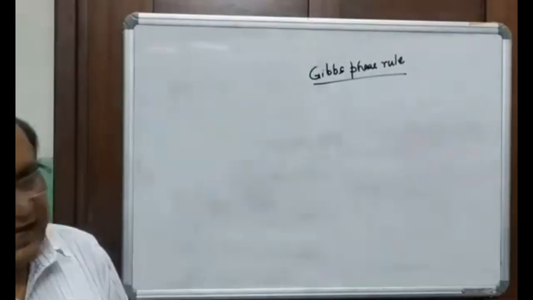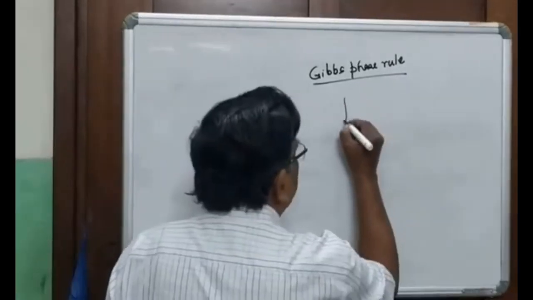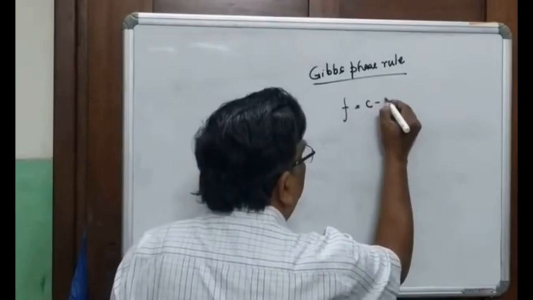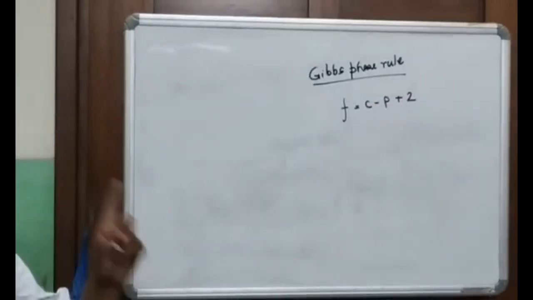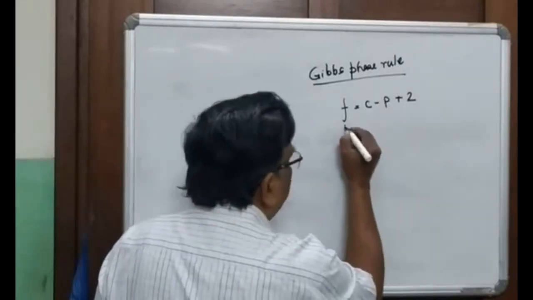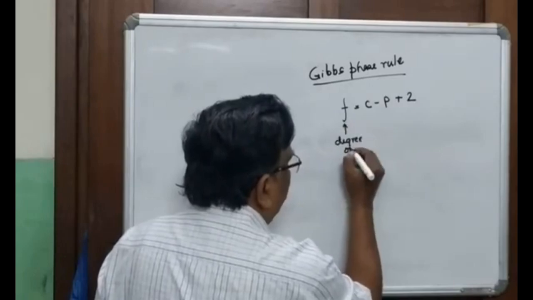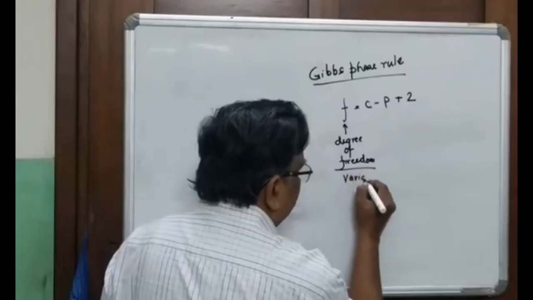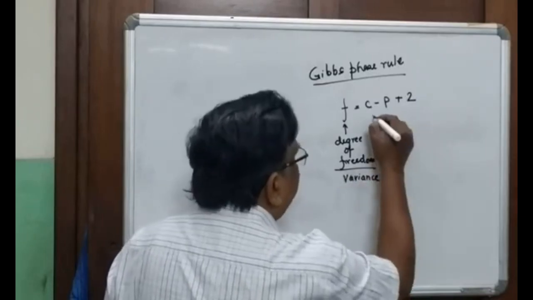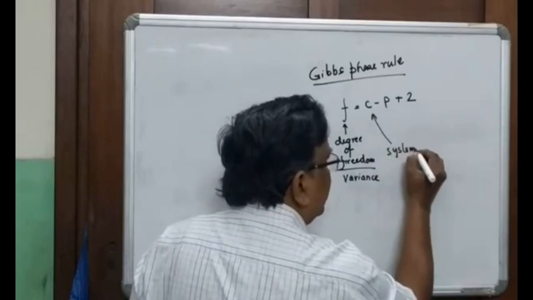It is essentially calculated Gibbs phase rule, which is famously given by the formula F is equal to C minus P plus 2. This essentially is called the degree of freedom, also called variance. Then you have C, which is the system component.